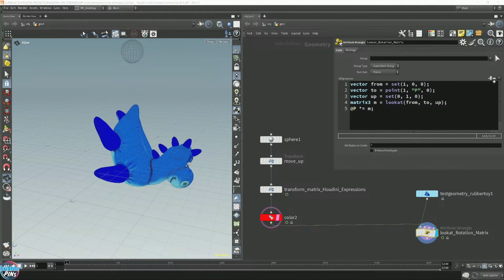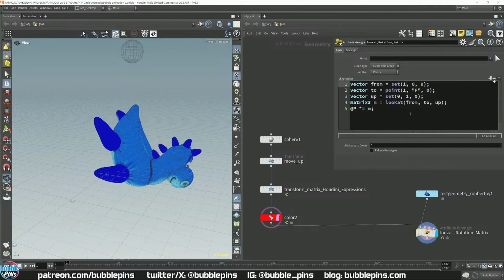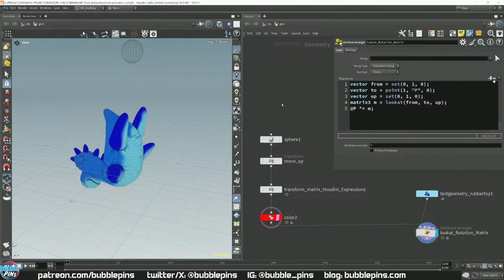Now, in my experimentation, it didn't rotate back. I'm sort of cheating right now and looking at my notes. Let's see. Let's take the from and convert it like this.